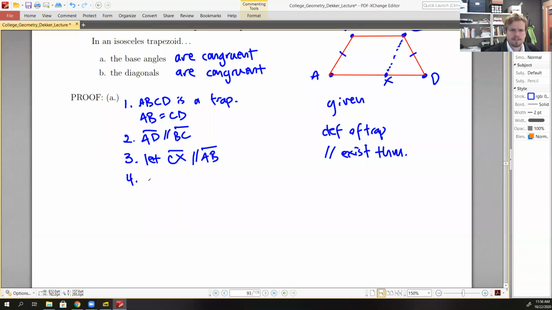Once we have that, we have two pairs of parallel sides. So by the definition of parallelogram, we have that ABCX is a parallelogram.